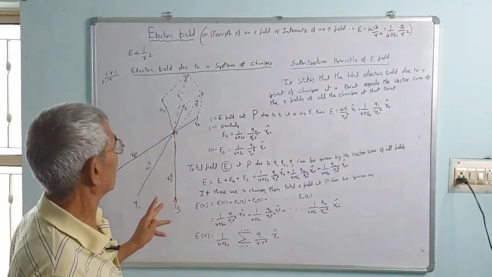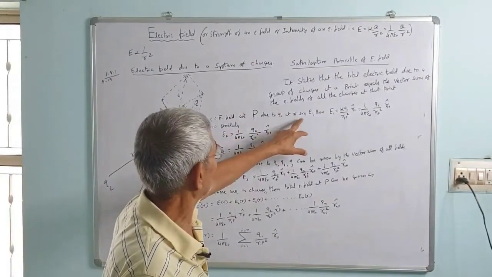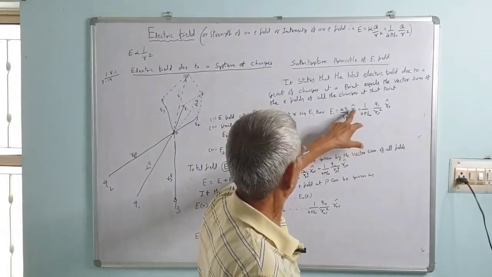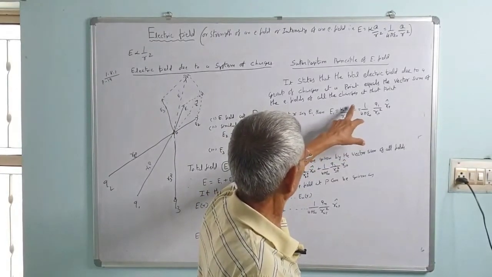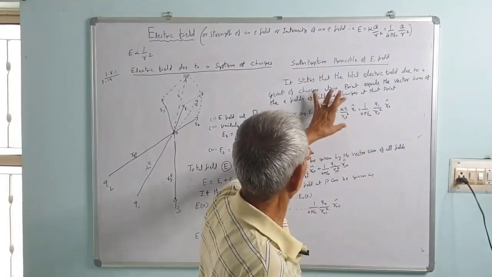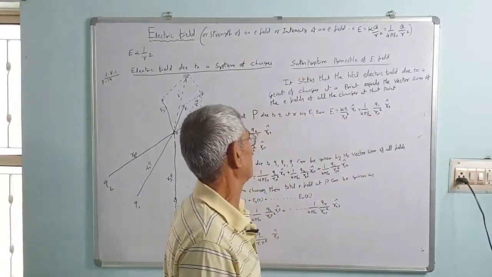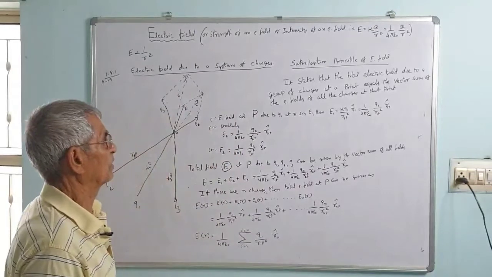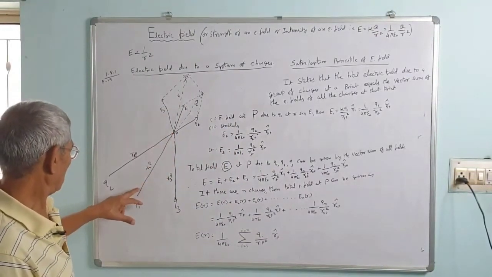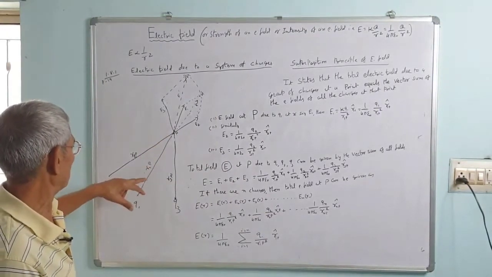So, therefore, the electric field at P due to Q1, say E1, is equal to K Q1 upon R1P square, R1P unit vector, that is toward the R1P direction. This is the magnitude, 1 upon 4 pi epsilon naught Q1 upon R1P square, with the unit vector from Q1 to P. The direction is given by the unit vector R1P in this direction.